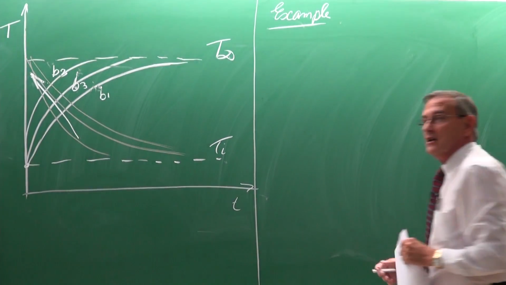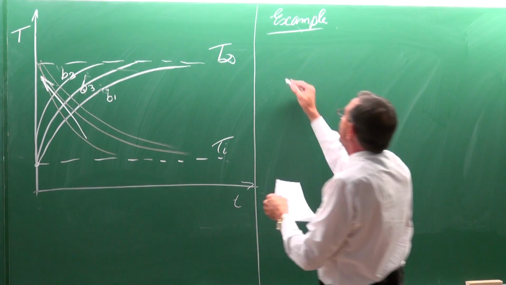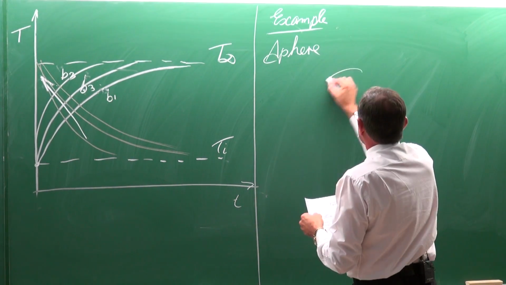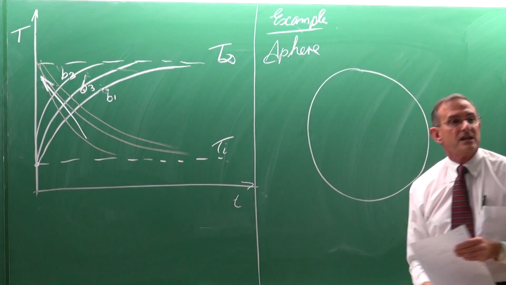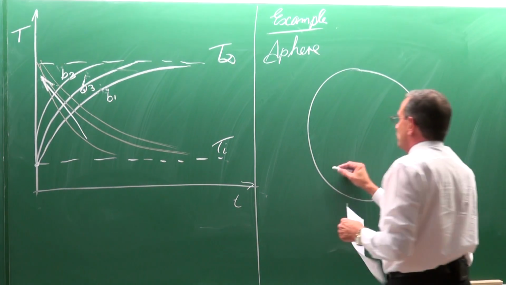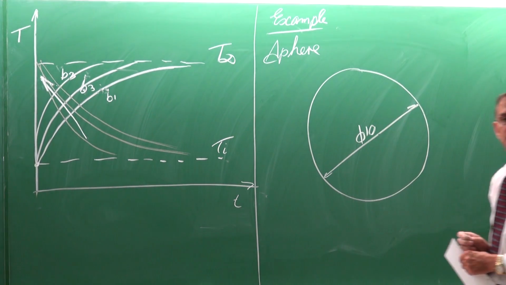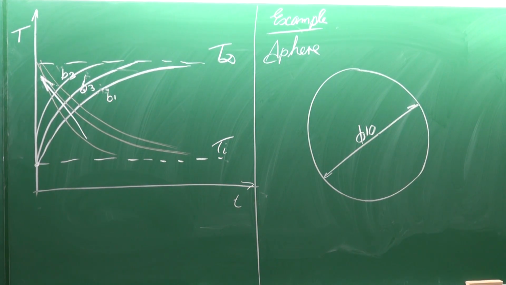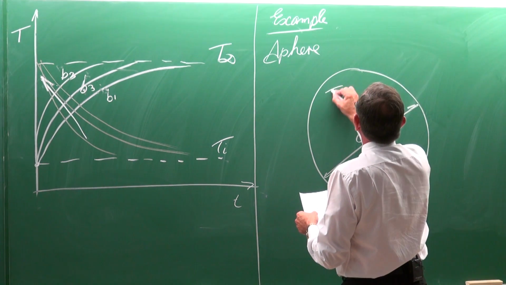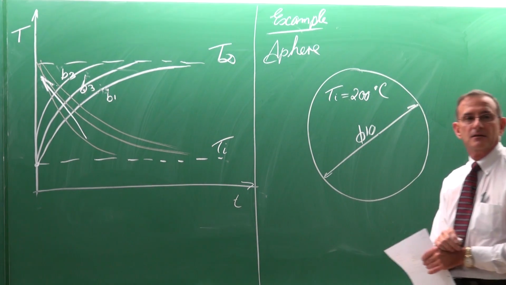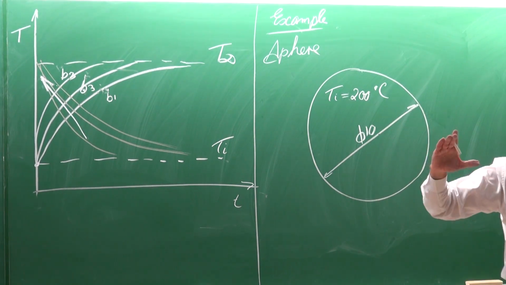Okay. And the example will be a sphere. There is the sphere. It's not to scale because its diameter is 10 millimeters. Small ball bearing. Okay. And the initial temperature of this ball bearing is 200 degrees Celsius. And it's 200 all over, everywhere.